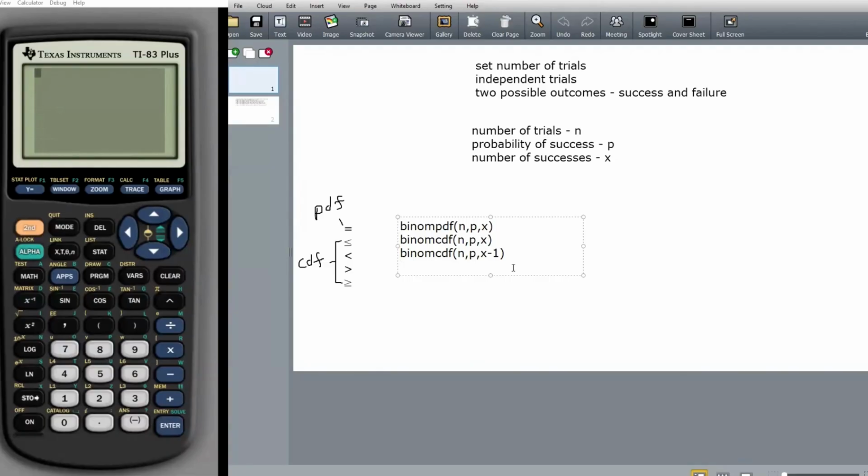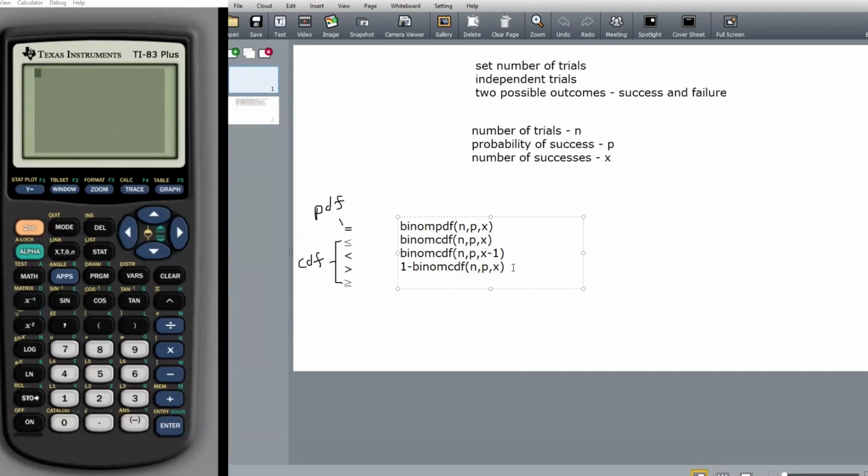And for greater than and greater than or equal to, I need to calculate the complement of my probability. So for both of these calculations, I will need to do 1 minus my binomial distribution. So for greater than, I need 1 minus binomial CDF, parentheses, N, P, X, close parentheses.